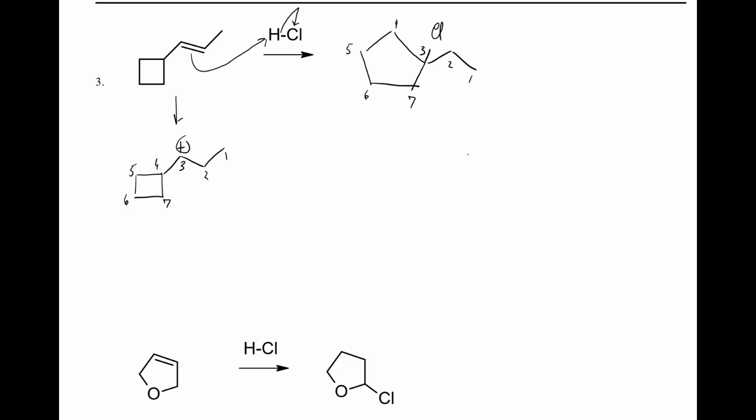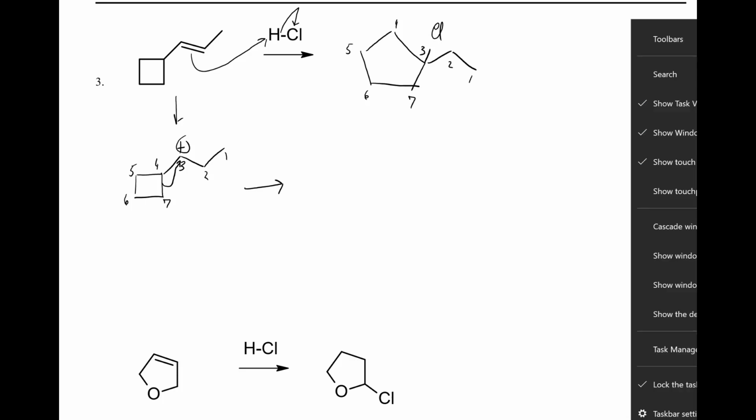And so indeed, what's going to happen next is not a hydride shift, but an alkyl shift, which will open up the ring. Essentially, the bond between carbon 7 and 4, that sigma bond, is going to shift, and as a result, it'll open up the ring.